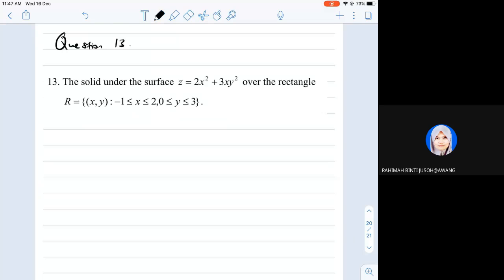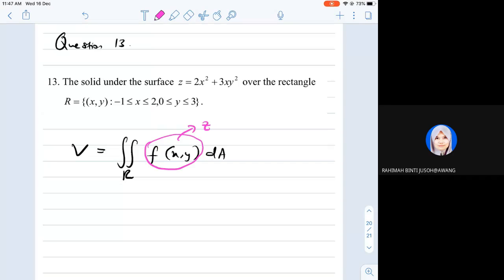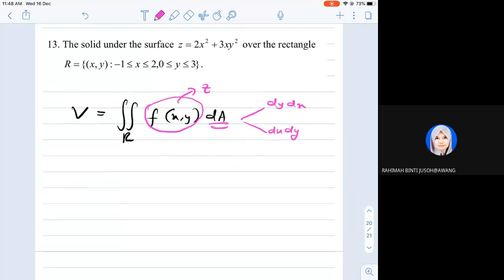Volume equals double integration over region R f(x,y) dA. Of course f(x,y) ni adalah equivalent to function z, and then dA ni pula it's either dy dx or dx dy, is up to you. Both can. Okay, so now let's say kita nak calculate the volume under the surface ni.